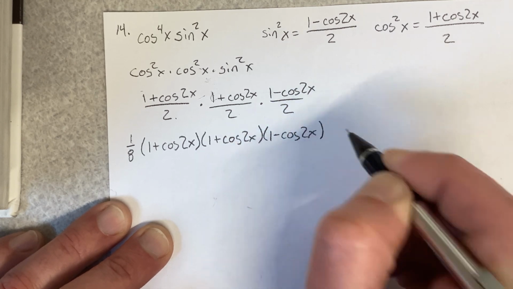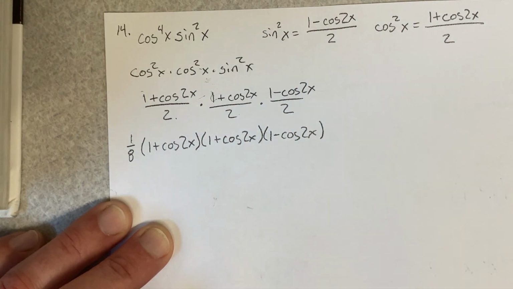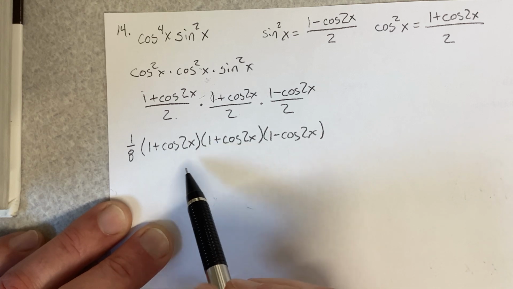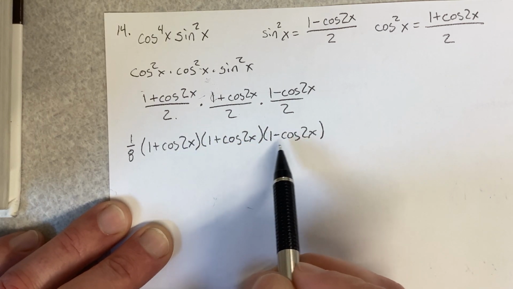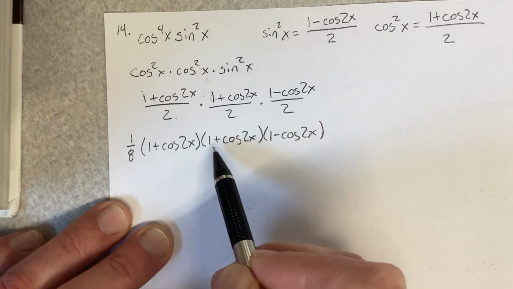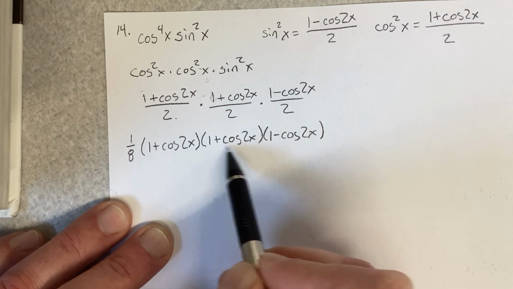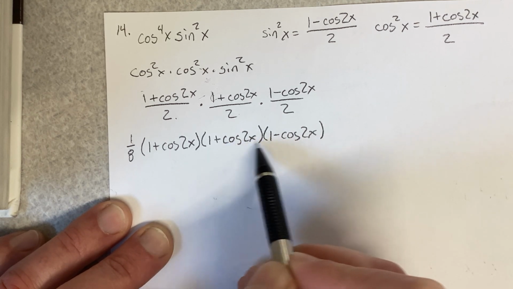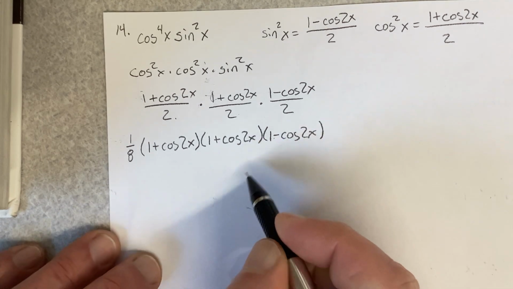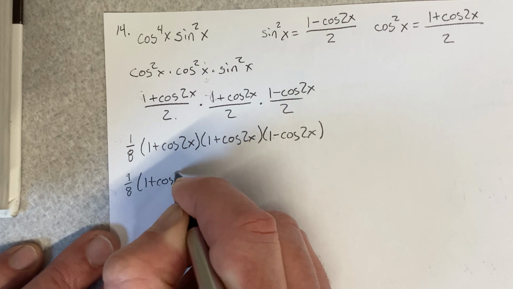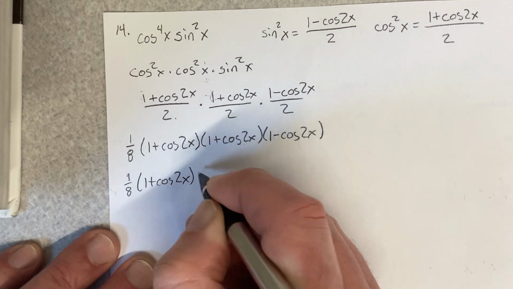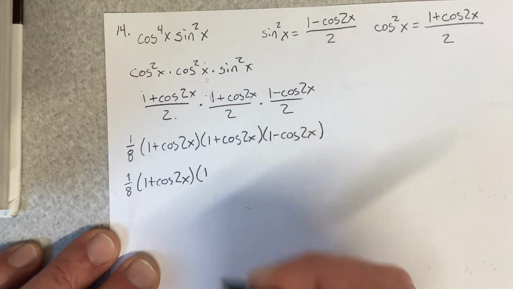Now, it doesn't really make any difference where you start with your multiplication. You just need to FOIL and then get a result and then FOIL or distribute again. I'm going to start over here because I know that the middle terms when we FOIL these two are going to cancel. So I'm just going to say 1/8, 1 plus cosine of 2x. And now I'm FOILing, right? 1 times 1 is 1.